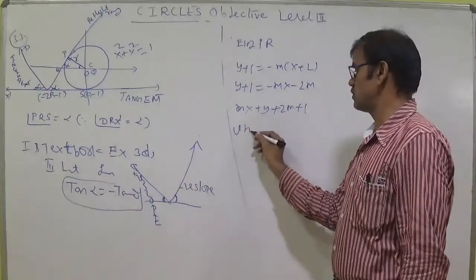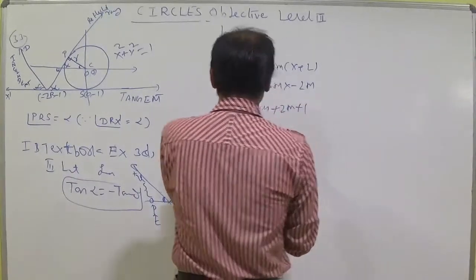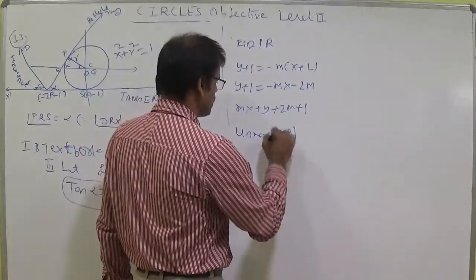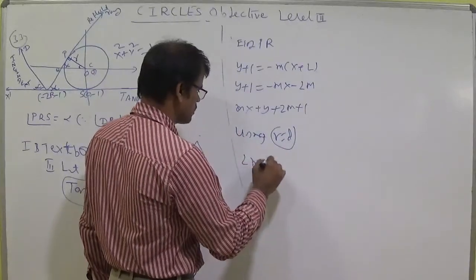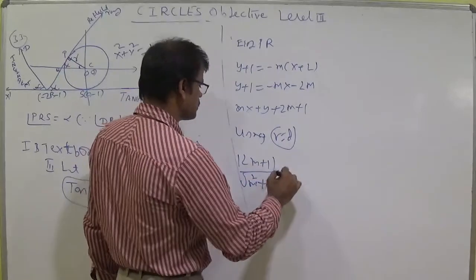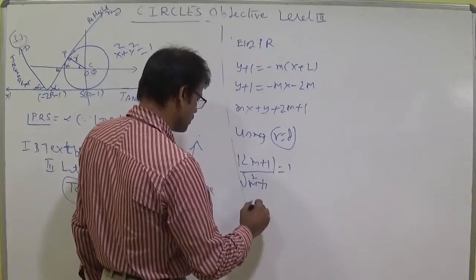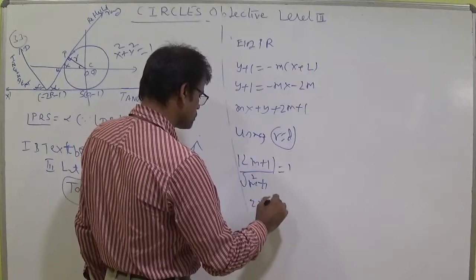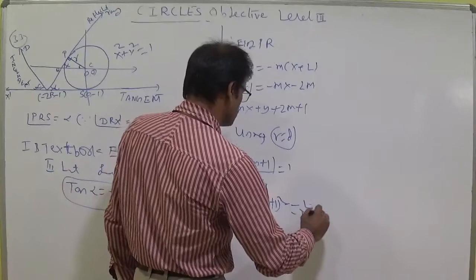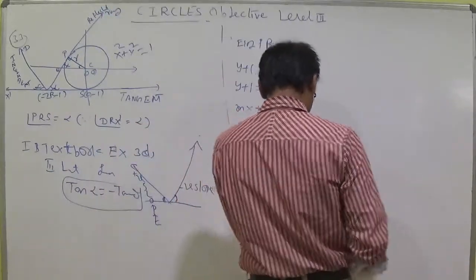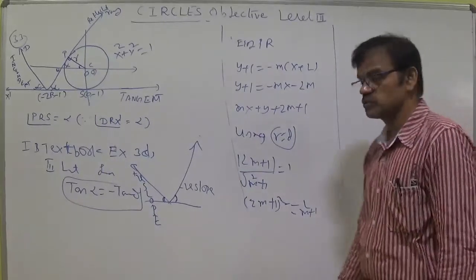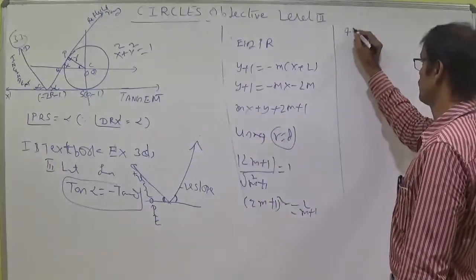Using r is equal to d, modulus of 2m plus 1 by root of m square plus 1 equal to 1. Squaring both sides, 2m plus 1 whole square is equal to m square plus 1. So taking the negative slope is correct.